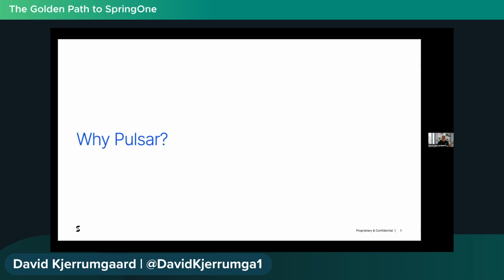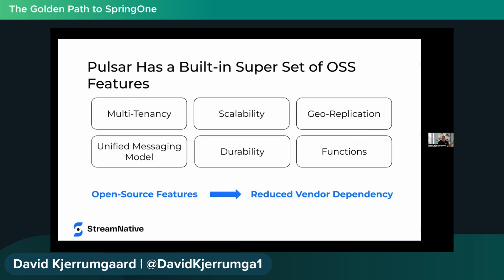So why Apache Pulsar? Pulsar has a lot of different features that come for free in the open source system, compared to other messaging systems out there like Kafka, which don't support things like multi-tenancy, easily elastic scalability, and avoiding the stop the world problem if you had to add an additional partition or add another broker and balance out the load very quickly.